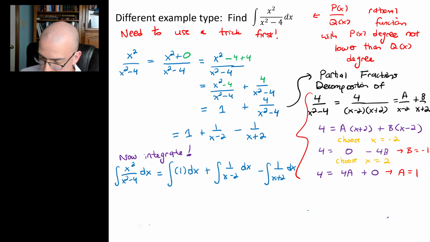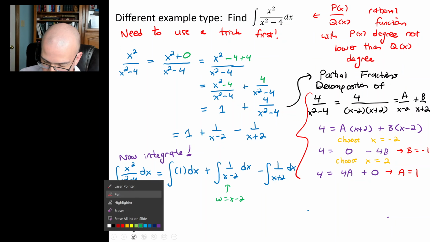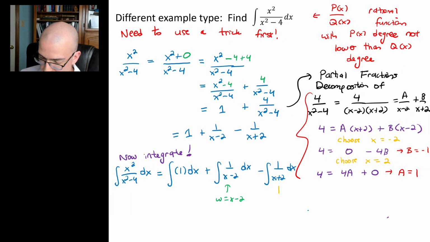For the second integral, we'll use w equal to x minus 2. For the third integral, we'll use w equal to x plus 2. For the first integral, we don't need a substitution. The antiderivative of 1 is just x. So we get x plus the integral of 1 over w dw, so ln absolute value of w. Undo the substitution: ln absolute value of x minus 2. Minus, doing the same thing here, ln absolute value of x plus 2. And a big plus c.